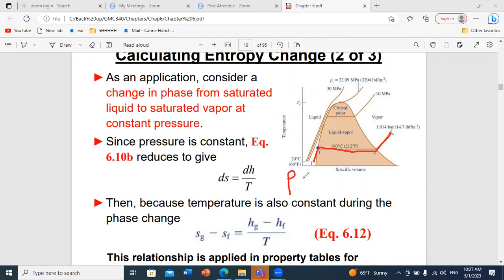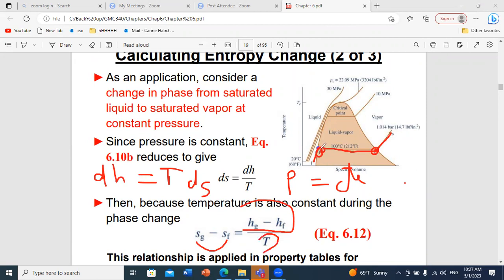So for P constant, we can use directly that dH, the variation of H, is equal to TdS. This is why, if you take points F and G from tables, delta S, so SG minus SF, will be equal to (HG minus HF) over T. Why?